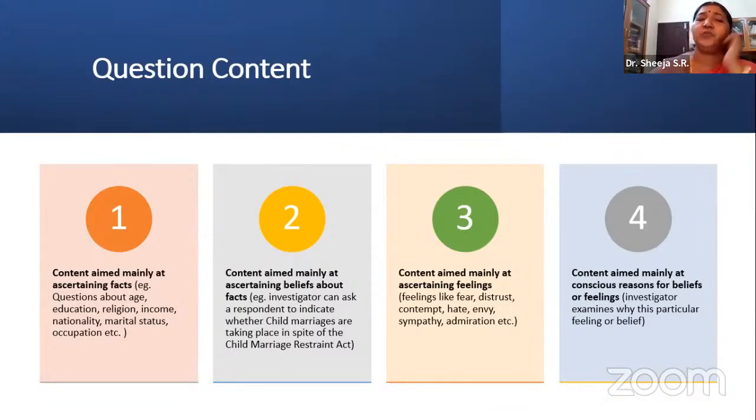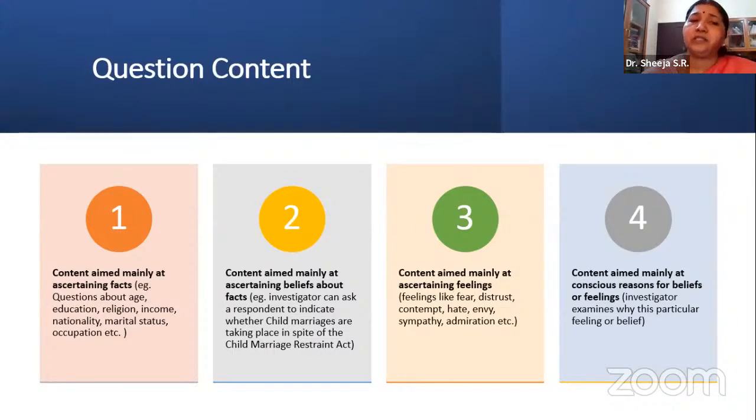However, in certain situations, questions will be aimed mainly at ascertaining beliefs about facts. We will be trying to examine the respondents' beliefs about facts. For example, the investigator can ask a respondent to indicate whether child marriages are taking place in spite of the Child Marriage Restraint Act. There are many laws to prevent child marriages. However, there may be child marriages in the society.